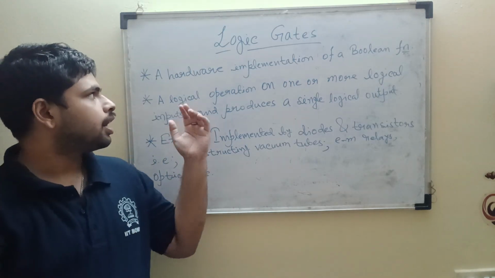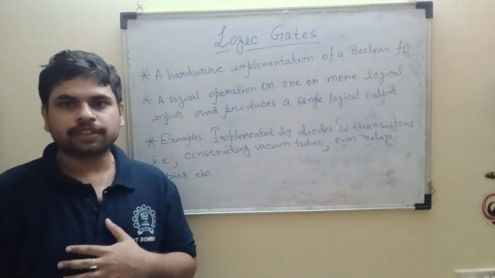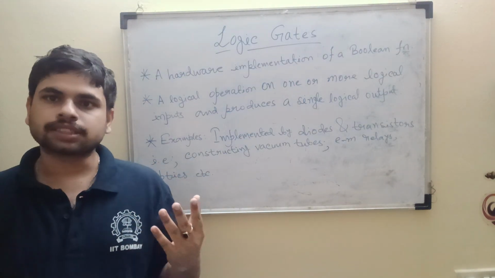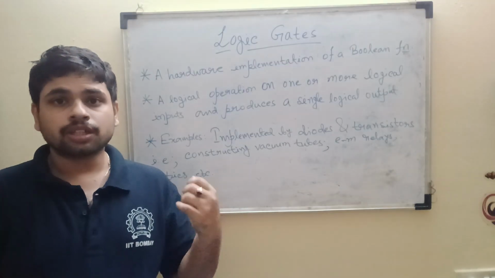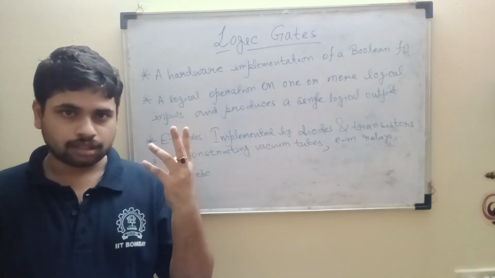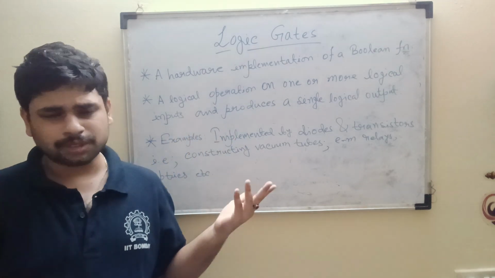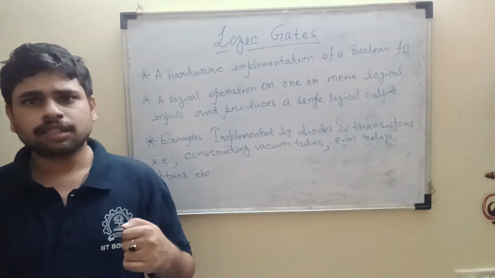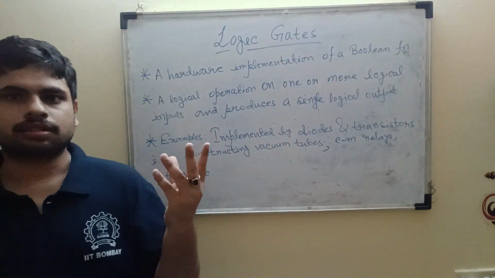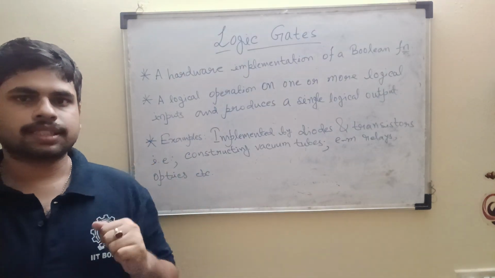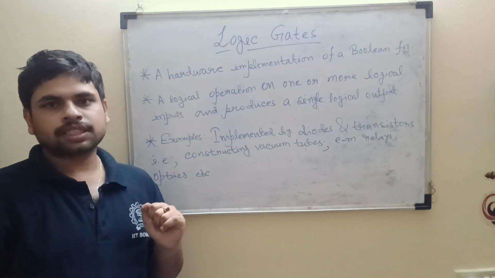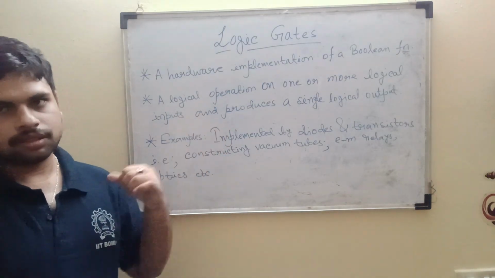Logic gates are mainly the hardware implementation of a Boolean function. That means we have talked about Boolean functions and binary number systems. Those binary number systems will be implemented through some hardware, like diodes and transistors, connected through a circuit diagram, and then the Boolean functions are implemented by this hardware.